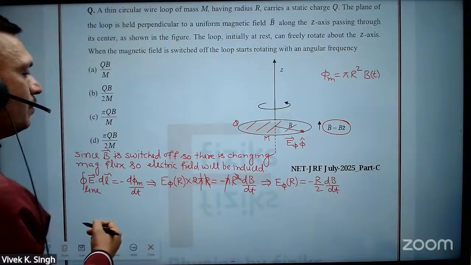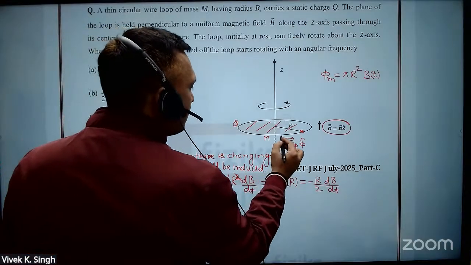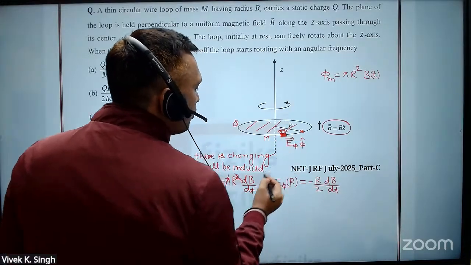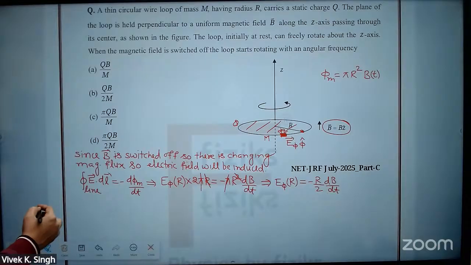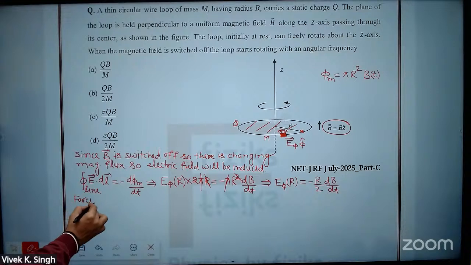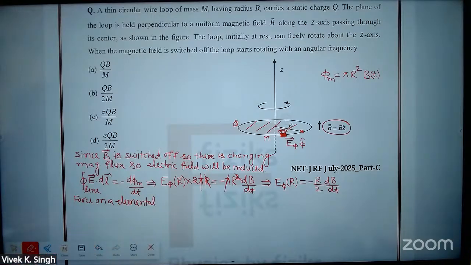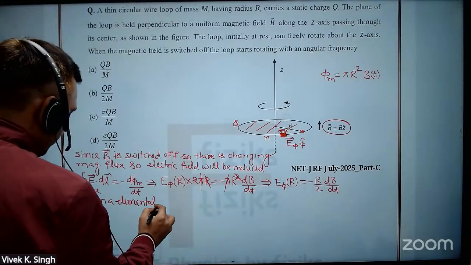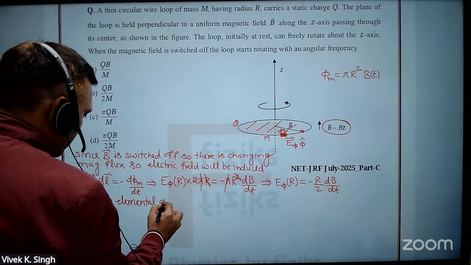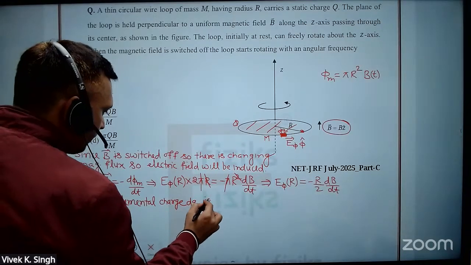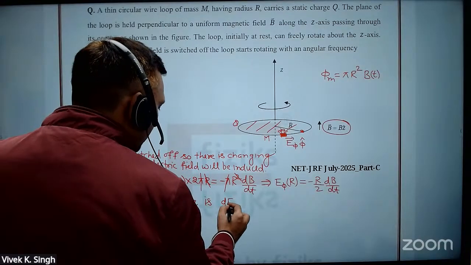So what will happen if you consider some elemental charge, let's say dq? What will be the force experienced by the elemental charge? The force on an elemental charge dq will be in the phi cap direction, because the induced electric field is in the phi cap direction.